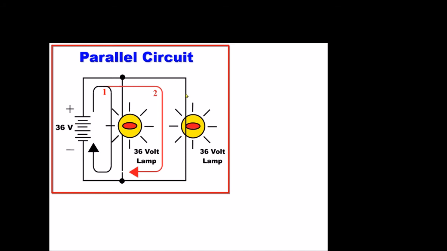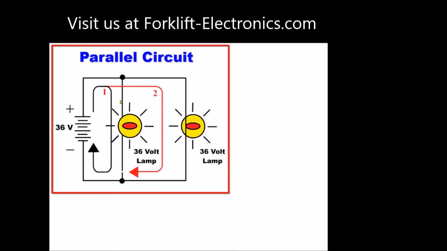Now, in a parallel circuit, the current will split so that you'll have a current path through this first lamp, through the battery, circulating right through here, and you'll have a second current path flowing through this second lamp. Now these currents will of course add up.